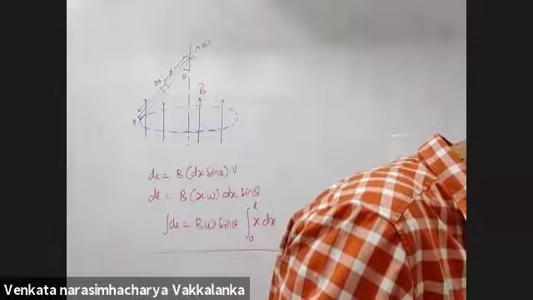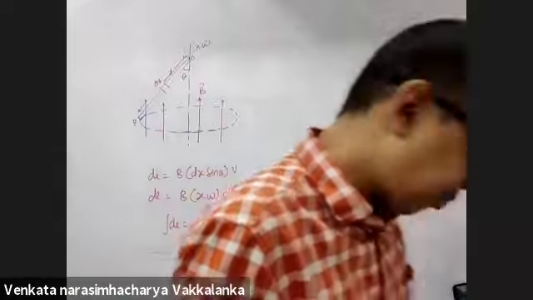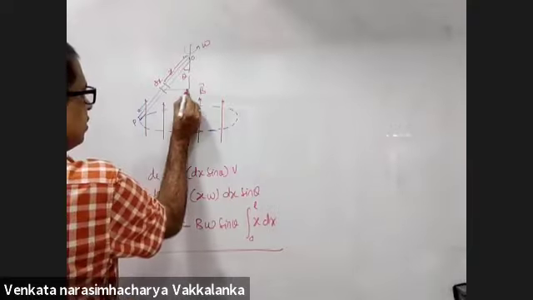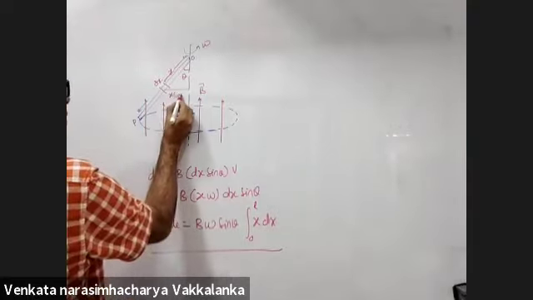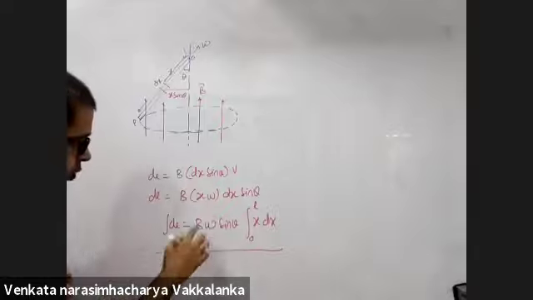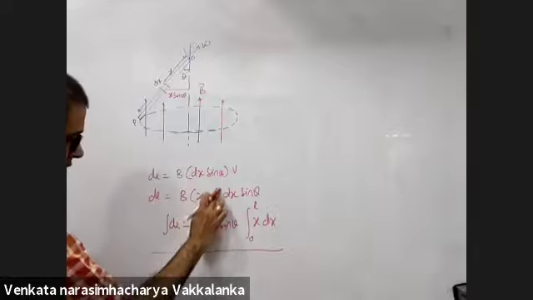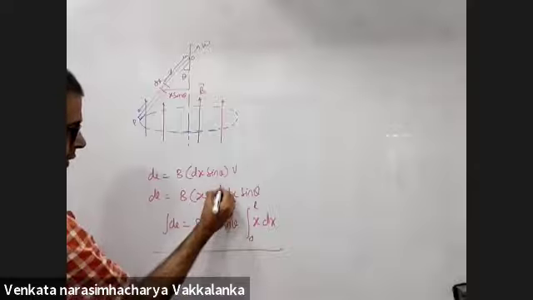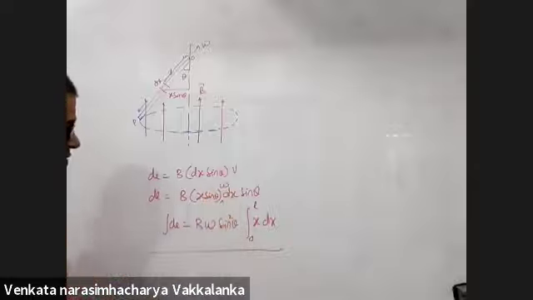Sir, won't it be x sine theta omega? Because that is the radius, right? Oh, sorry. Yeah, x sine theta. V is equal to x sine theta omega. My mistake. So this will become sine square.